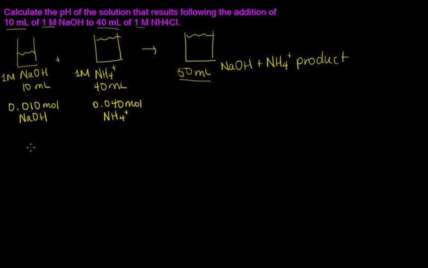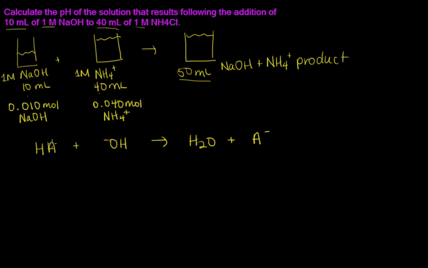So let's draw out what this would look like. Let's do the general equation first, before I get ahead of myself. We have an acid and we have a base. We're going to combine the acid and the base to make water, and we'll be left with the conjugate base here.